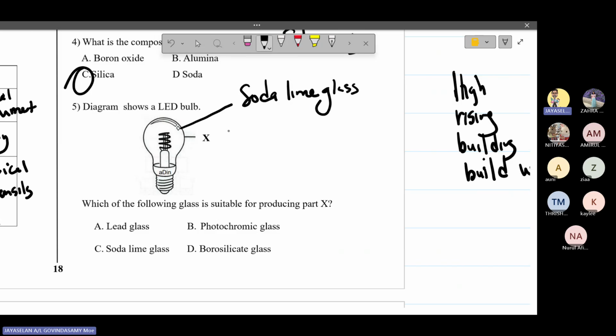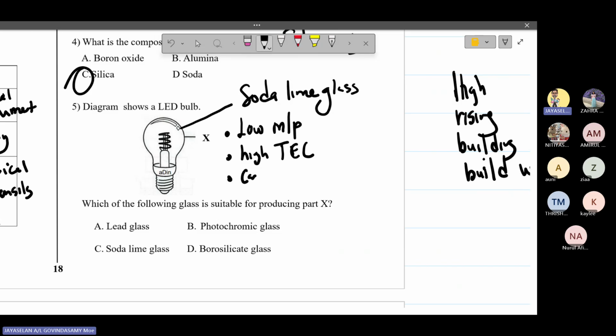Boleh tak bagi properties? It has a low melting point. Okay, it has ITEC. What is ITEC? High thermal expansion coefficient. That means it will crack easily.